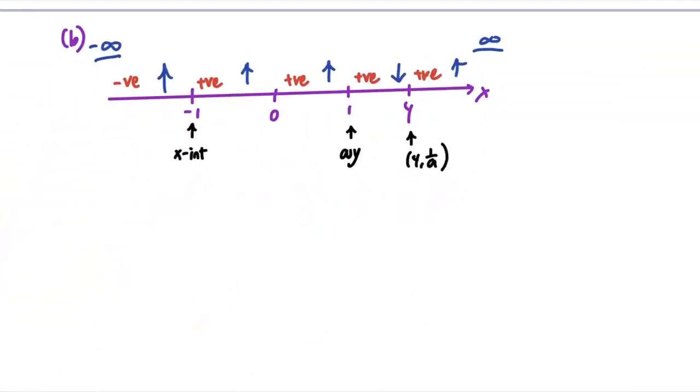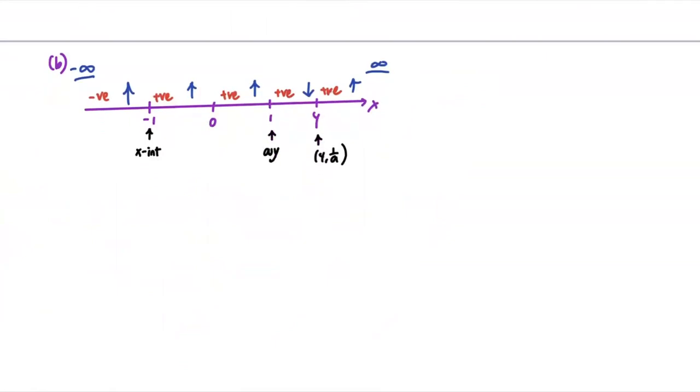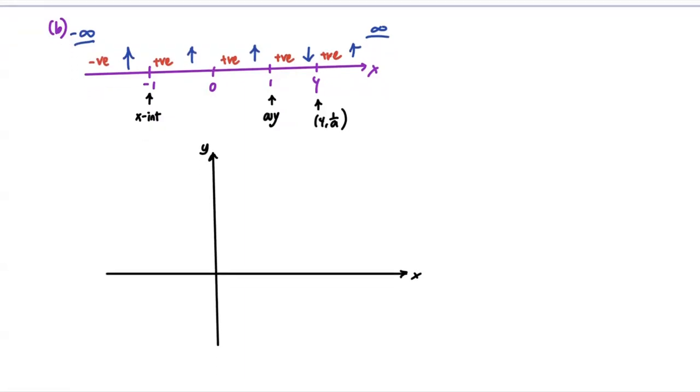And now we draw. So start drawing. We have 0, x-axis, mark out all the important points. So x equals -1 is an intercept. Asymptote here. Okay, so negative going up means like that.